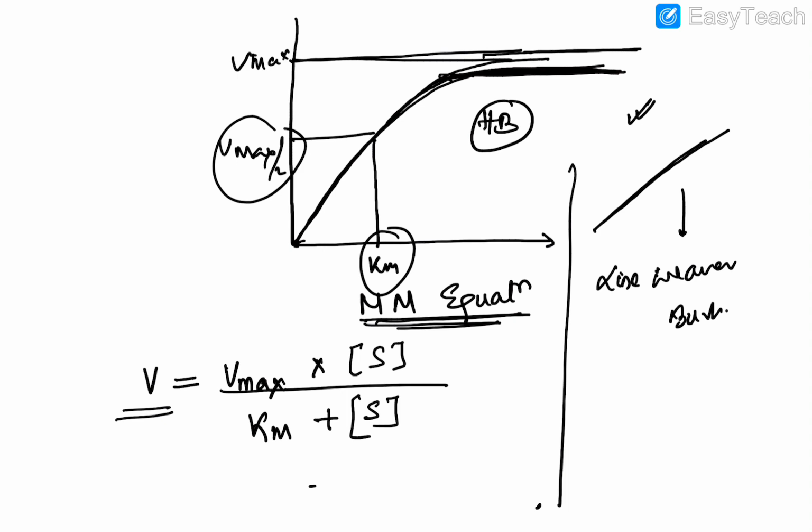Now, if we want this hyperbolic curve to become a straight line representation, we can change this equation and make it like this. What we do is we reverse the equation on both sides.